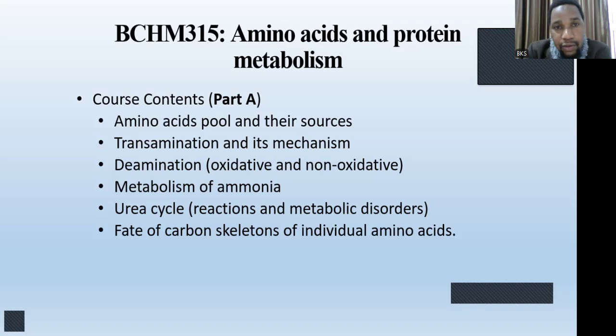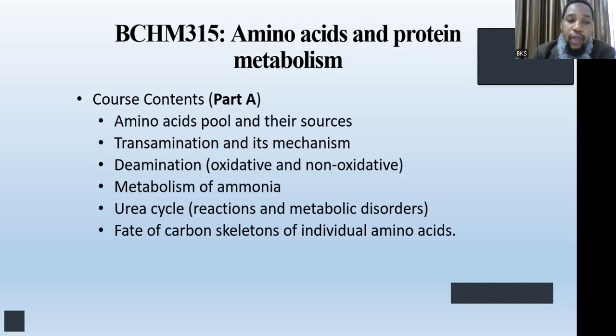So all the functions of the most common 20 amino acids found in protein will be discussed here, and how these amino acids can be degraded, broken down during metabolic reactions when the need to break down these amino acids comes.